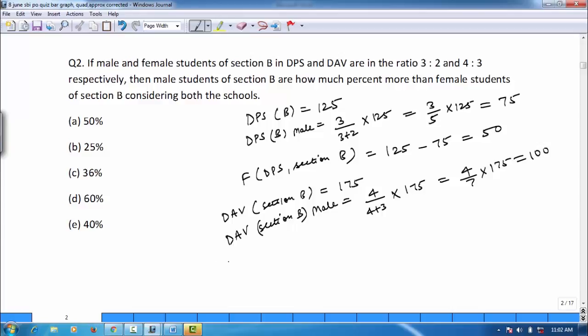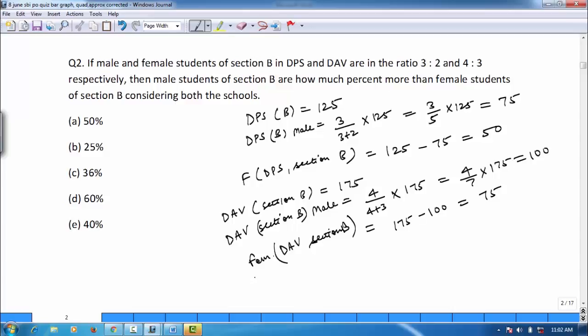So the female students from DAV school section B will be equal to total number of students minus male students. So that will be equal to 75.